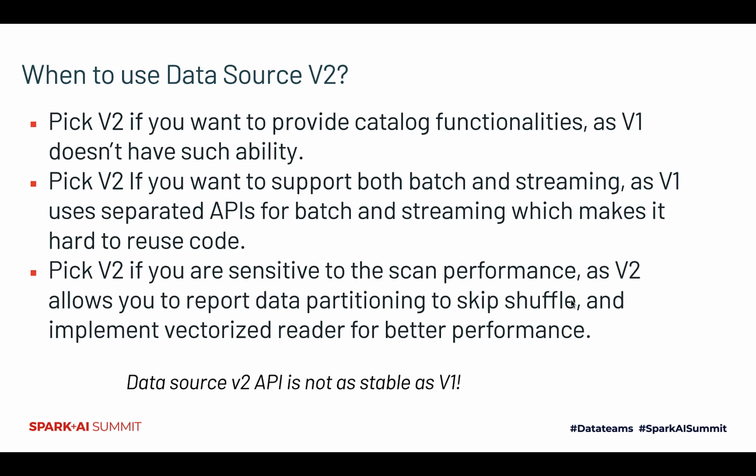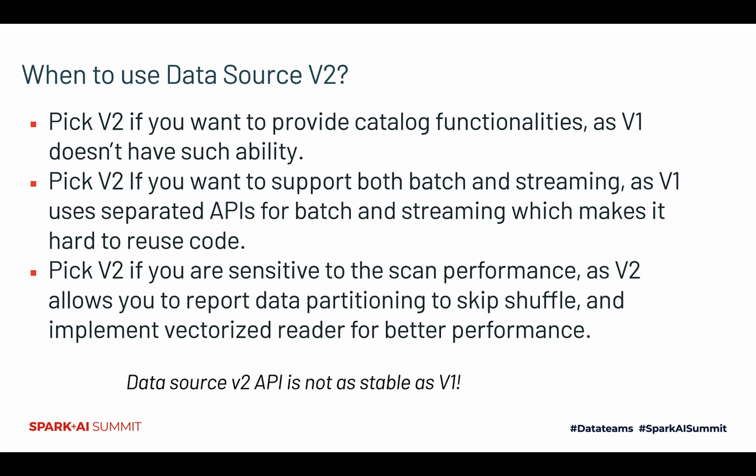When should you use the V2 data source API? Number one, use it if you want to provide the added catalog functionalities for things like predicate pushdown, table alterations, etc. That wasn't available in V1. Use the V2 APIs if you want to support both batch and streaming.